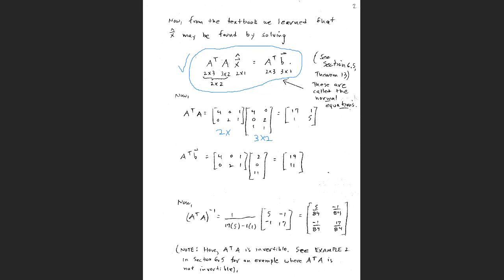So A transpose A is a 2 by 2. And A transpose A will always be a square matrix. Wait, scratch that. Yes, that's right.